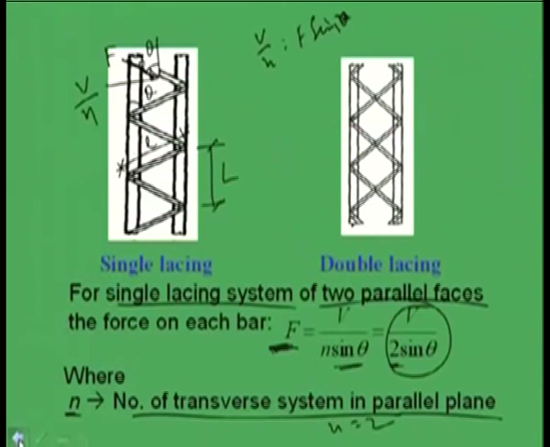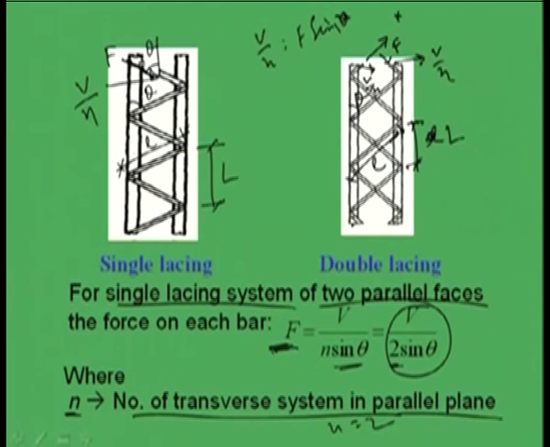If we see the force diagram, we will see this is F and this will be V by N, and similarly this is F and this is V by N, and this is L, and this is the theta.